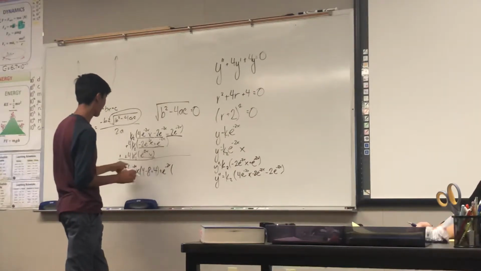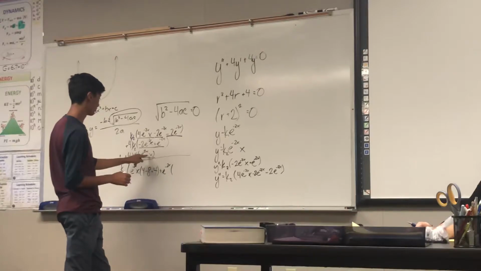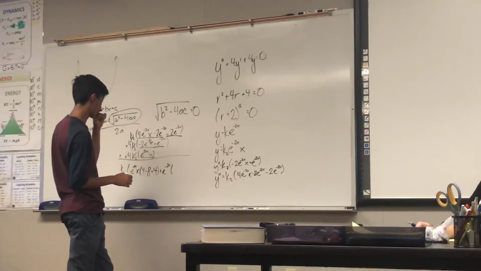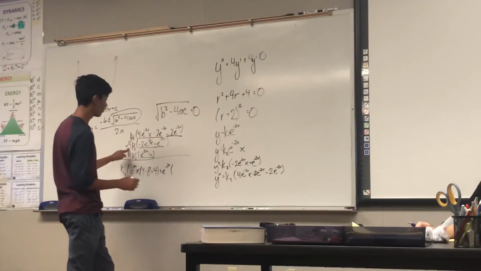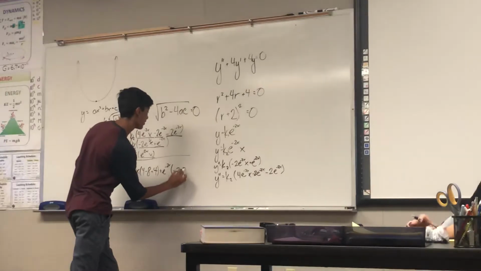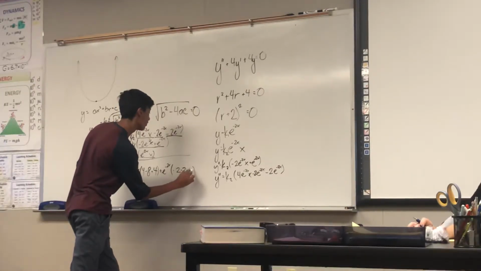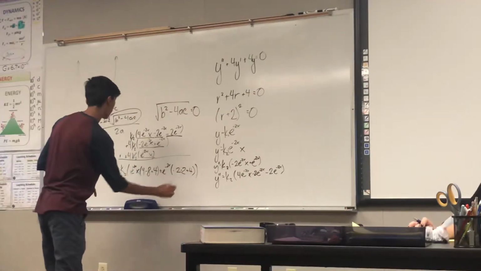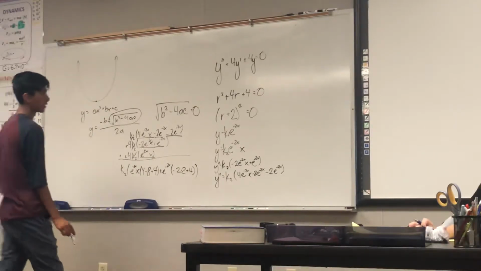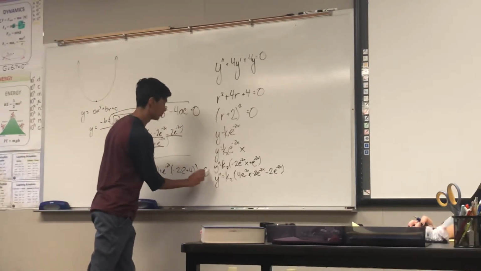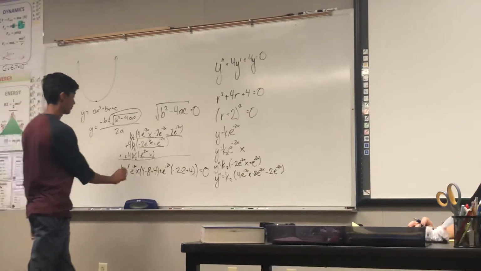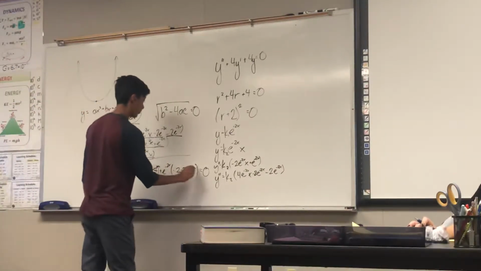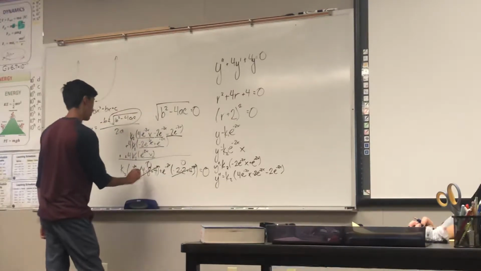Oh, I'm sorry, that has an x, so it doesn't count. So you just have negative 2, and 4. So you have minus 2, and then plus 4. And that is supposed to equal 0. And you can probably tell both of these are 0.